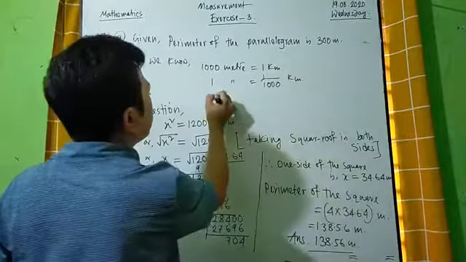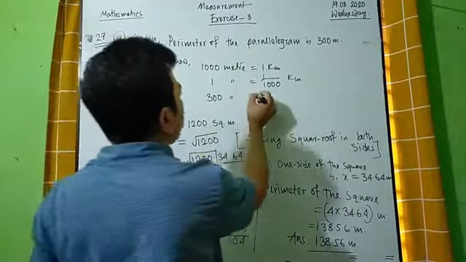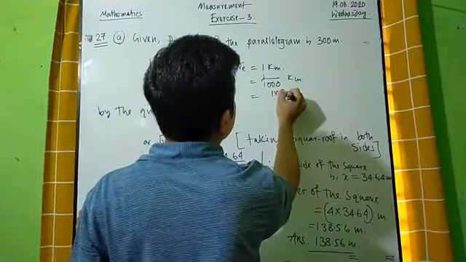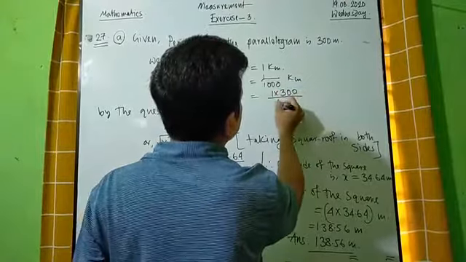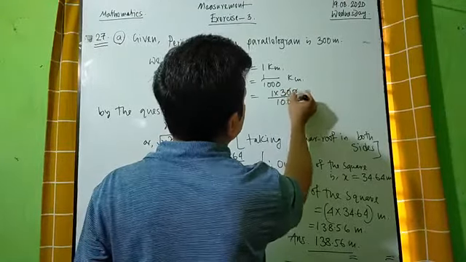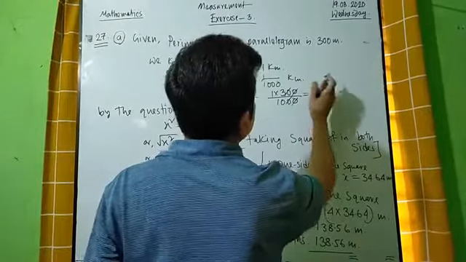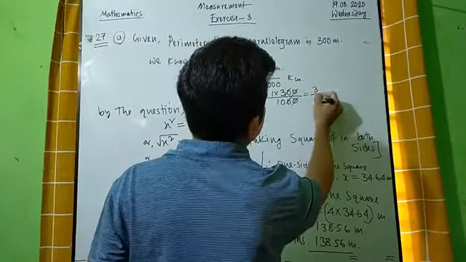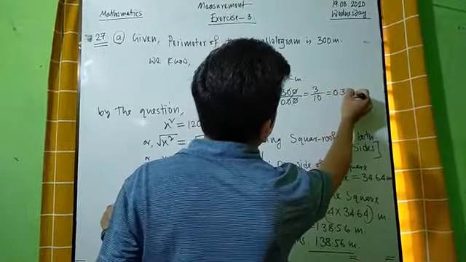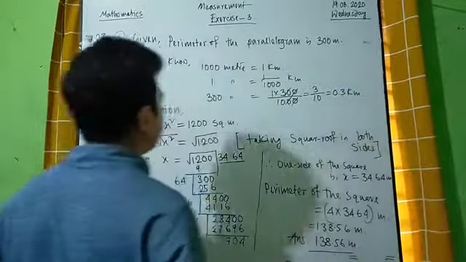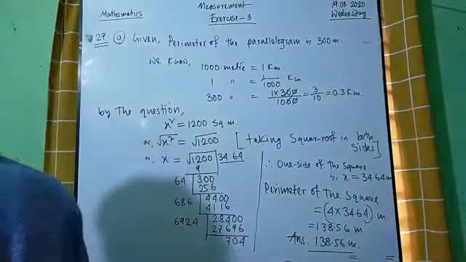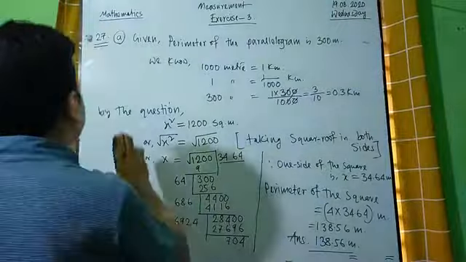So 300 meter equals 1 into 300 divided by 1000, which equals 3 divided by 10, equals 0.3 kilometer. This is finished.